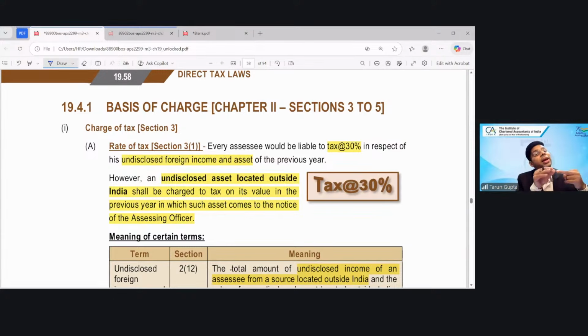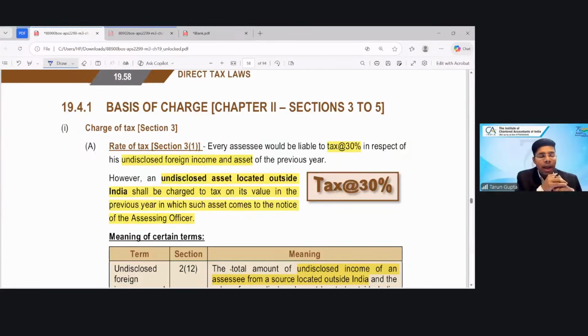Asset includes the financial interest in any entity, means you hold shares or debentures of some foreign company, or you are a partner in some overseas partnership firms or LLPs, and also includes an overseas bank account. So a Swiss bank account, a bank account in the US, UK, Singapore.